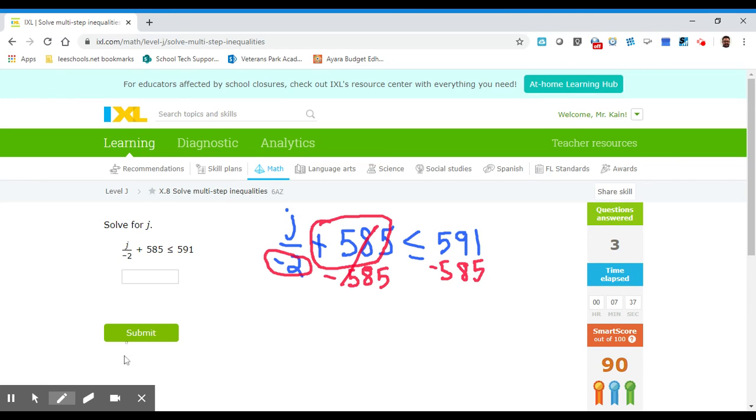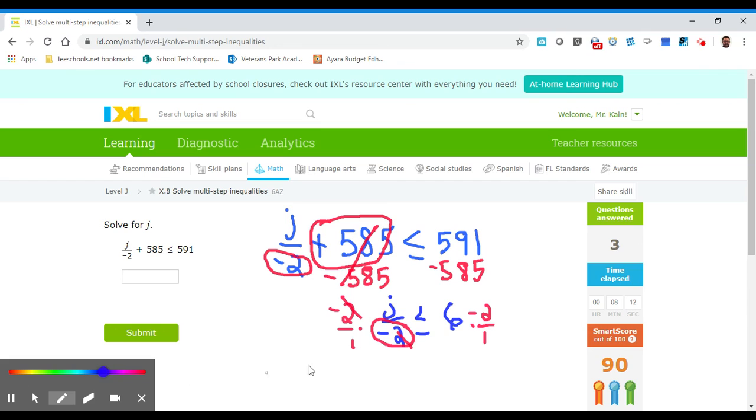Cancels it out, leaving on the left side the j divided by -2 less than or equal to 591 minus 585, which is 6. Then we still need to get rid of this -2 to solve for j. And since it's dividing our variable, the opposite operation is multiply. Okay, that'll cancel it out.